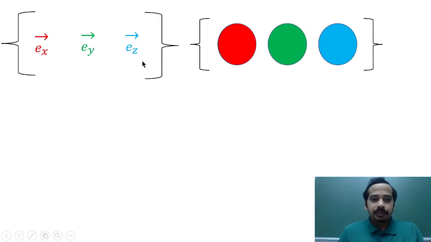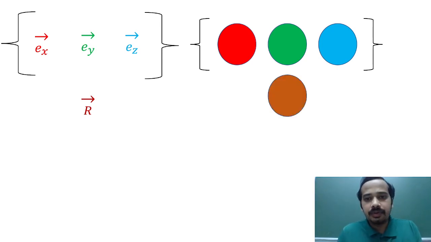So these three basis vectors, unit and orthogonal, are very similar to RGB: red, green, and blue. Any other vector can be obtained using these three basis vectors, and again this concept is very similar to obtaining any other color by combining red, green, and blue.